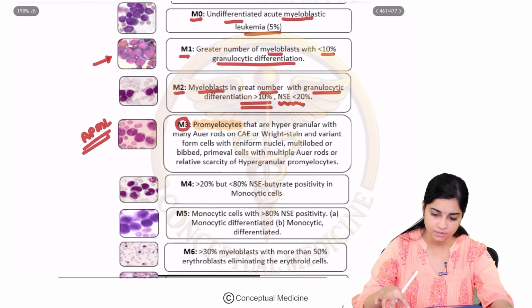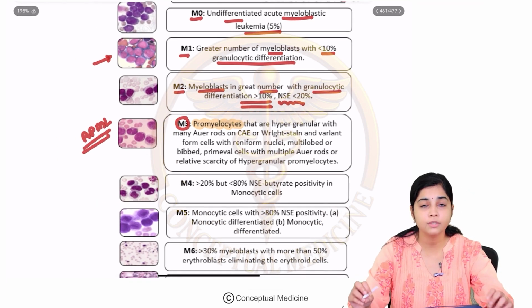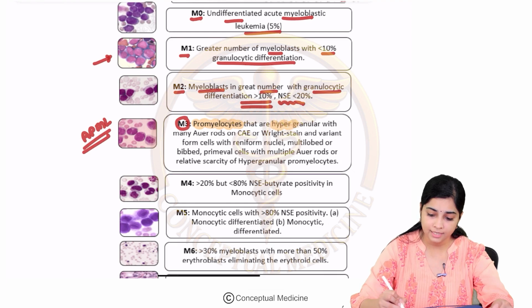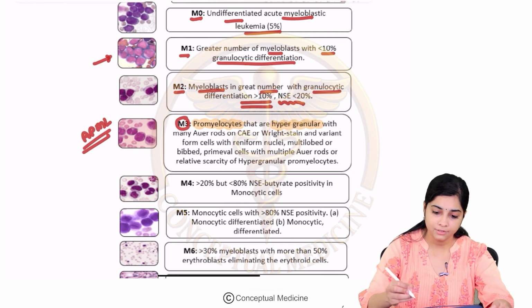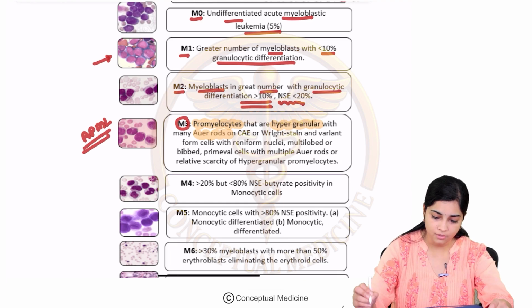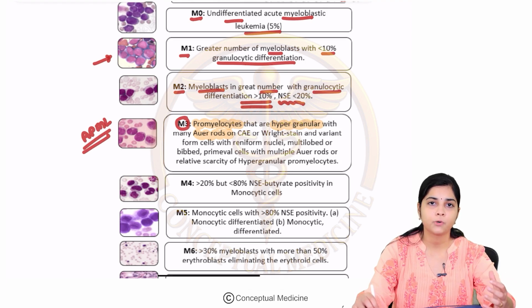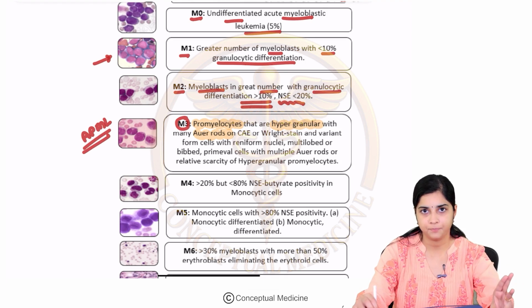Very, very important. So AML M3 is acute promyelocytic leukemia, where you have increased promyelocytes with hypergranular cytoplasm, and you see the presence of Auer rods. Okay, so the presence of Auer rods, the presence of hypergranular cytoplasm, and the presence of promyelocytes, very, very important. APML is AML M3, right?